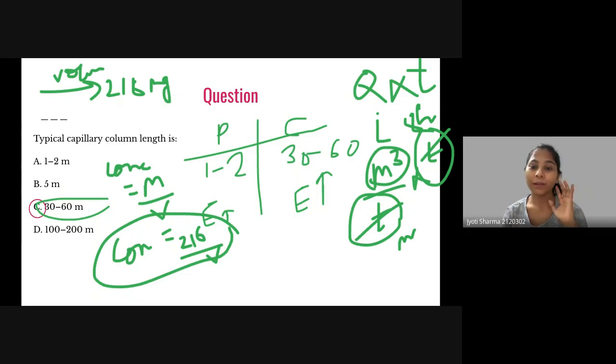But the crux of how we can solve it is that first you have to calculate the volume, how much air you passed through, and then based on that you can calculate the concentration, keeping in mind the units. So this is how you can solve. Is there any problem with this question right now? We have to calculate concentration in terms of microgram per meter cube.